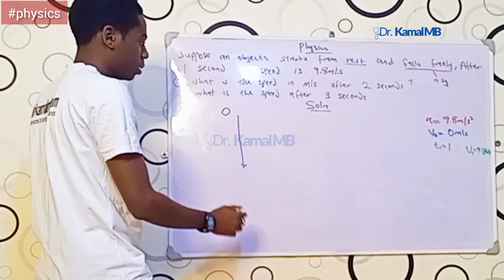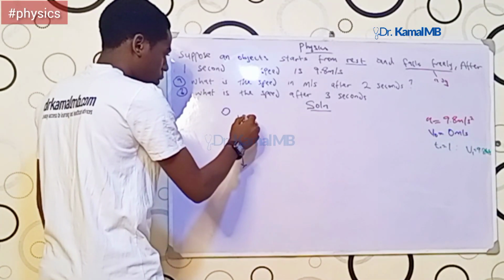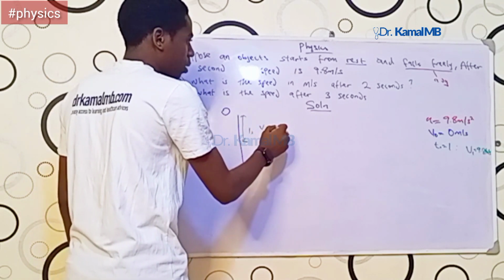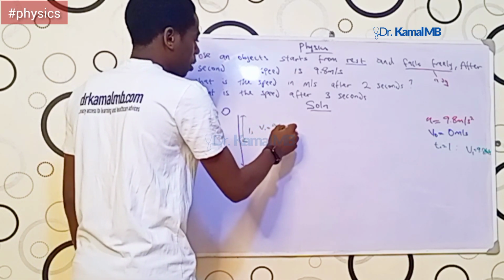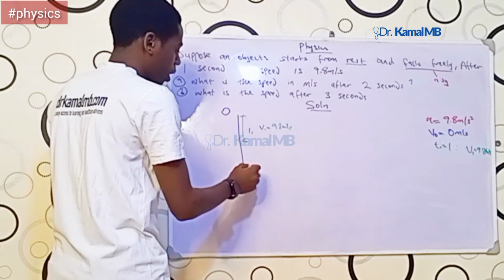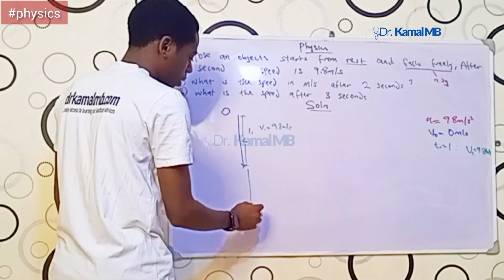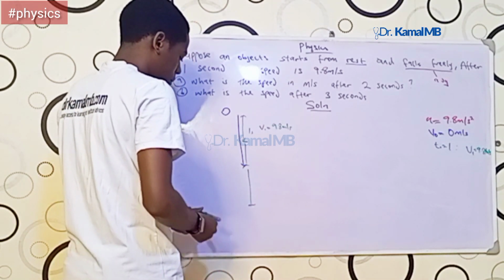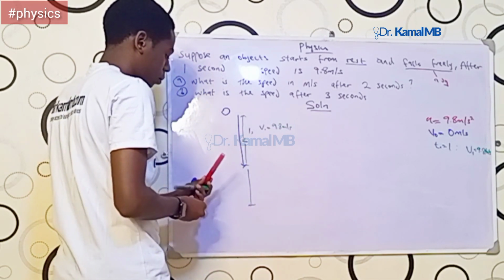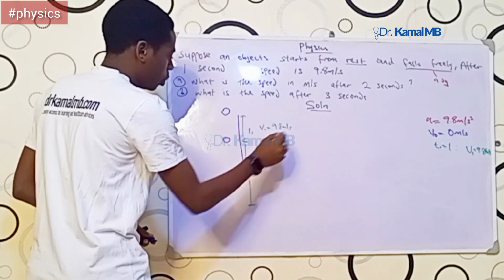So when it's in the first 1 second, let's assume from here to here is 1 second, its speed was 9.8 meters per second. If from here to here is another 1 second, it reaches here with 9.8.